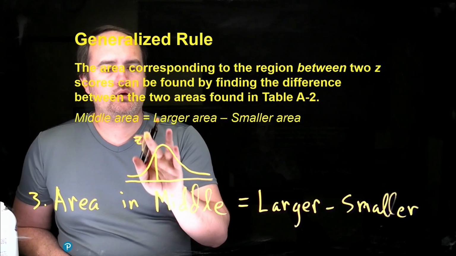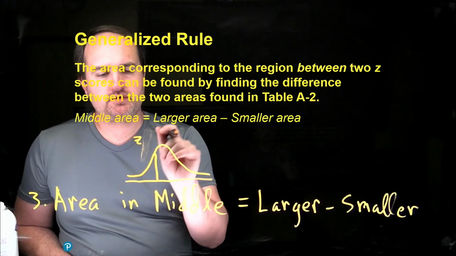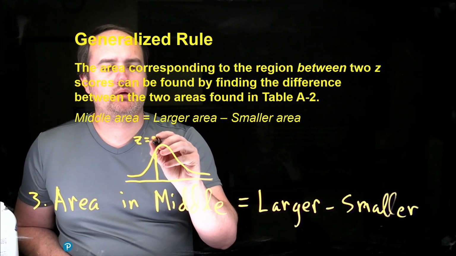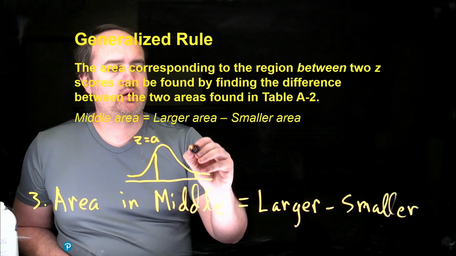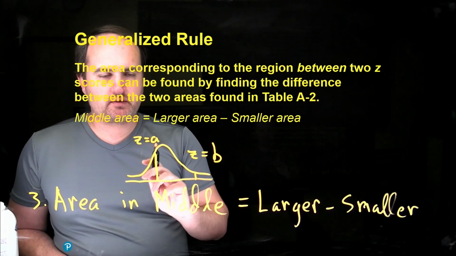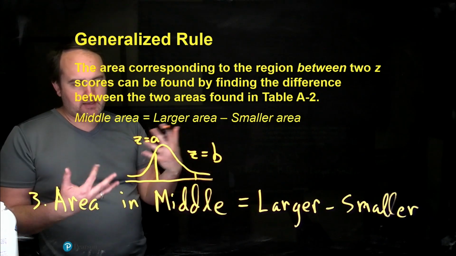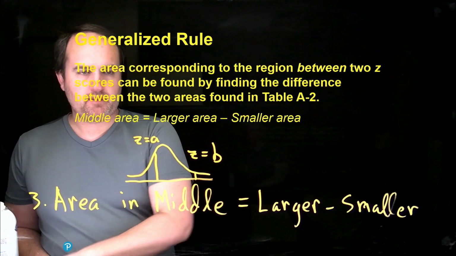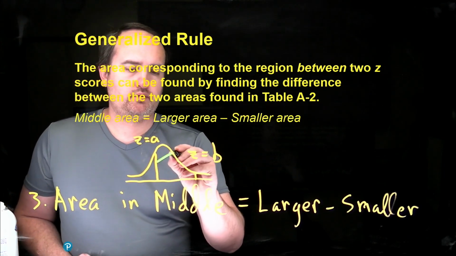And then we might have another z-score to the right, somewhere over here. We could call that z equals b. Keep in mind these are going to be numbers. They're not going to be letters like a and b. And then the area in the middle would just represent this part.